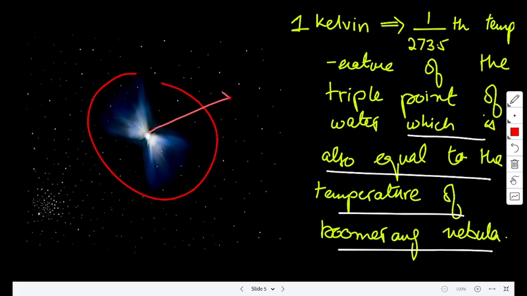The temperature of this nebula is -273 degrees Celsius or 0.0001 Kelvin, which is the coldest thing in the entire universe. This is what 1 Kelvin stands for. So you can easily explain to anybody what 1 Kelvin is. It is 1/273.5 of the temperature of the triple point of water, or it is also equal to the temperature of the Boomerang Nebula.